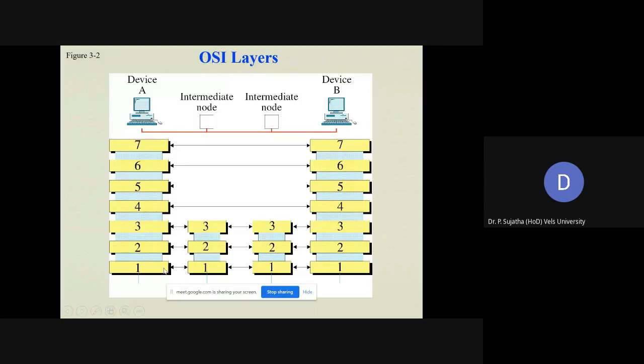Can you see the connection between the physical layer of device A and the physical layer of intermediate node 1? Yes, ma'am. Now the intermediate node acts as sender or receiver? Now it is the receiver.